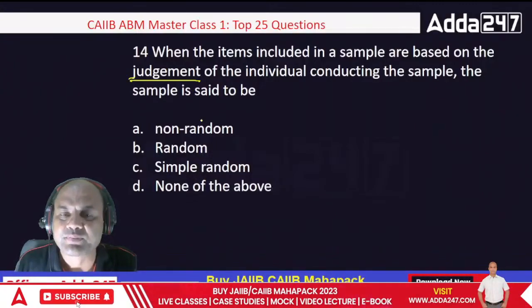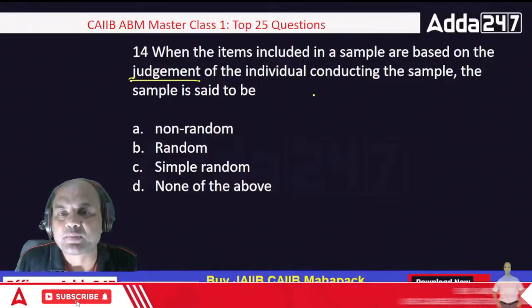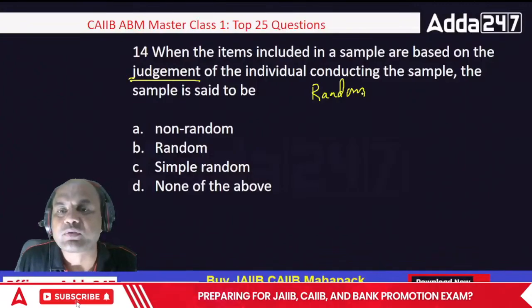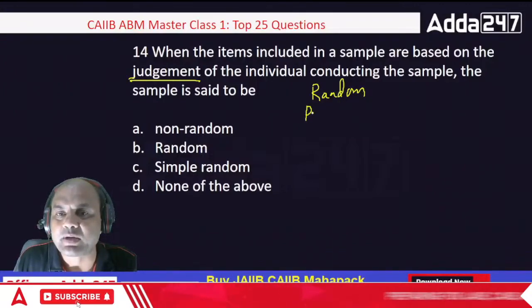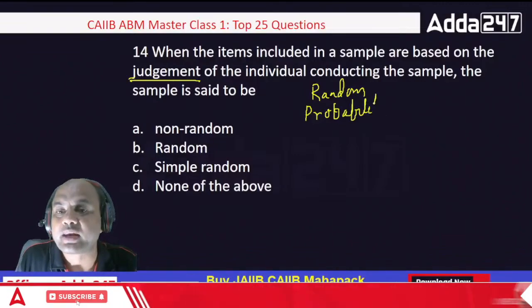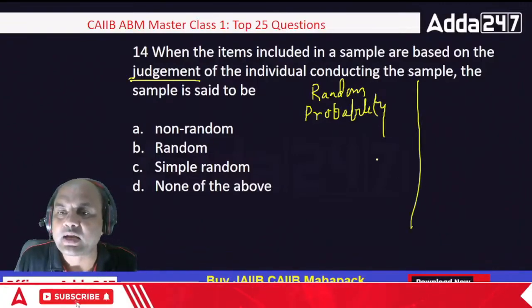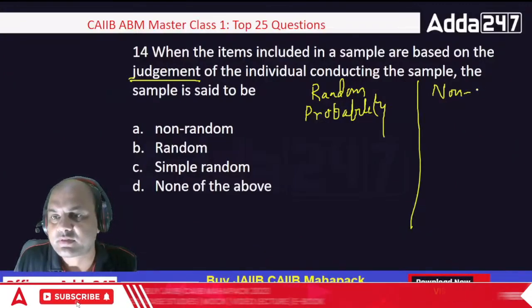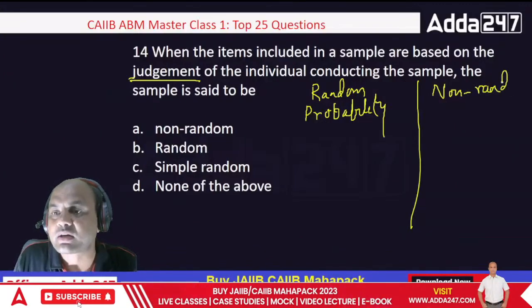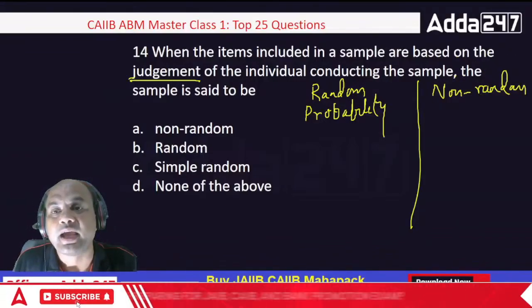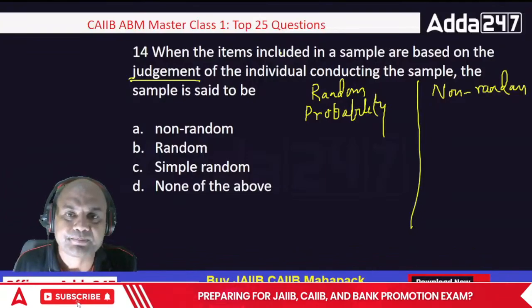Now understand this. What is random and non-random? Random is equal to probability sampling. Probability means everyone has a fair chance. Non-random means there is bias, where the selector uses his own judgment.